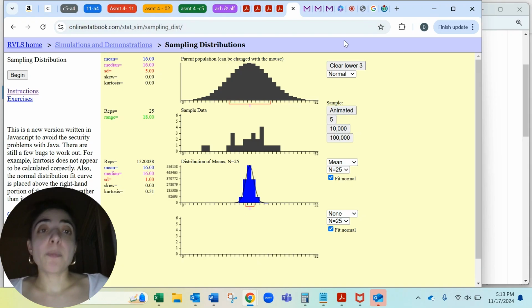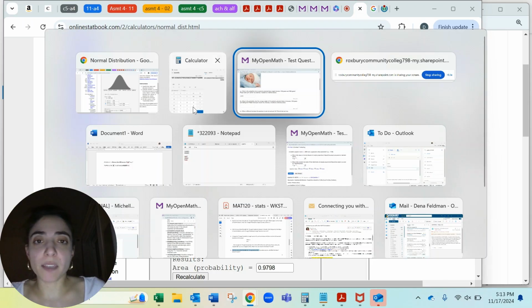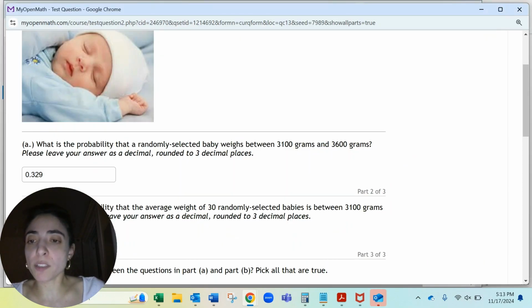The last step that I do is I return to the question asking me, what's the probability that the average weight of 30 babies is between 3100 grams and 3600 grams?